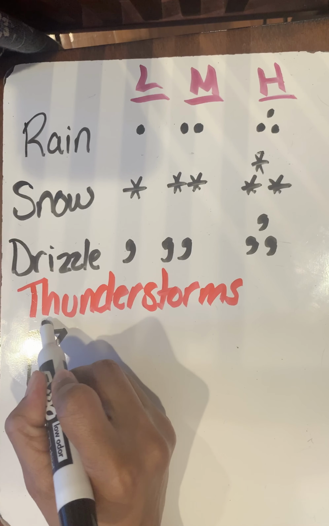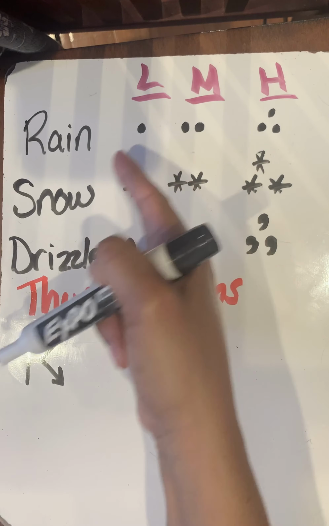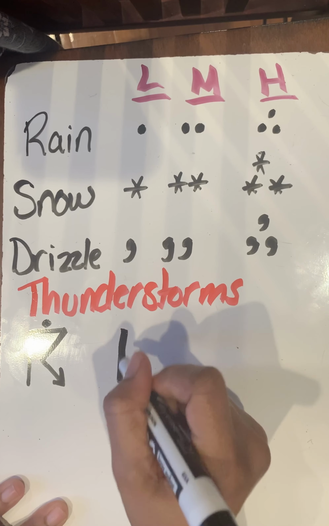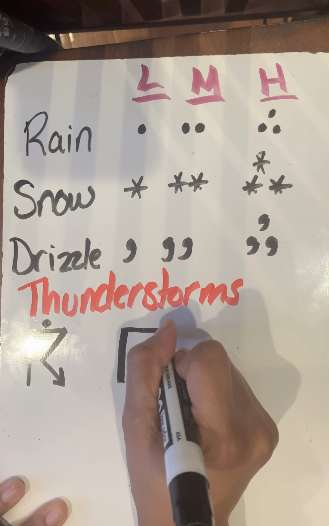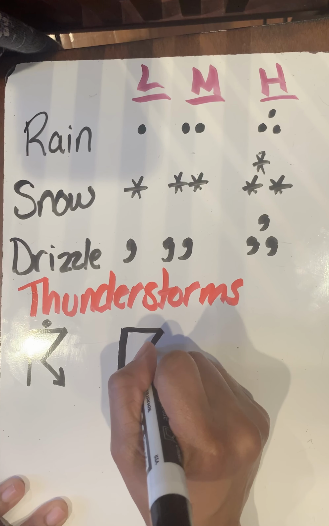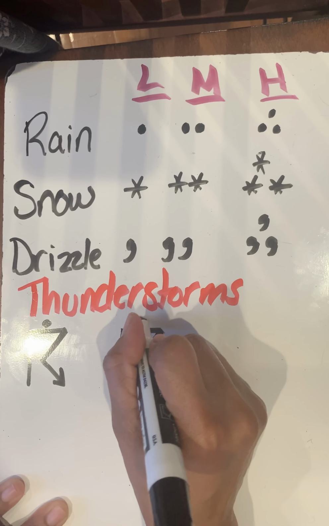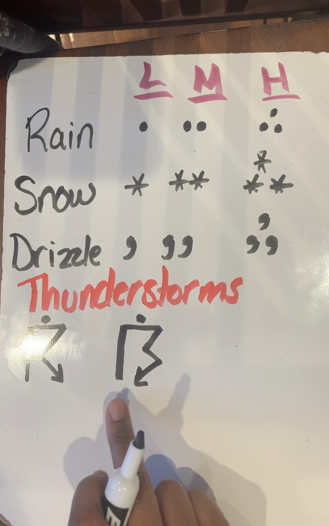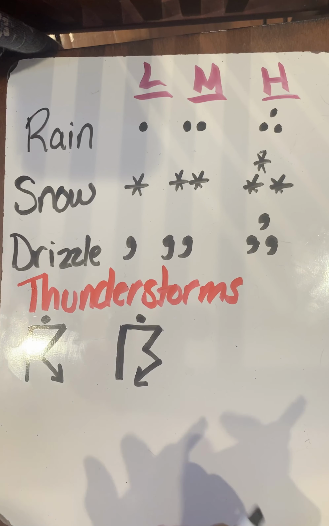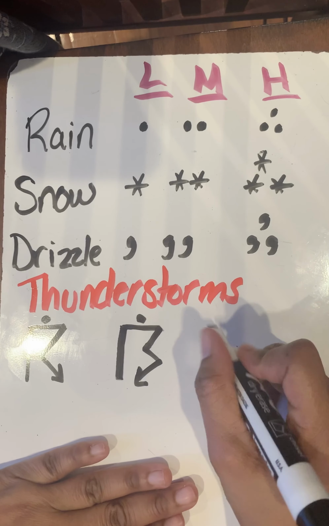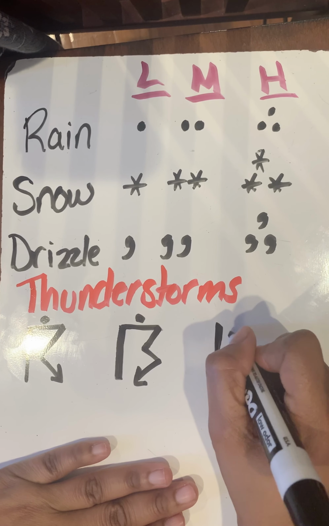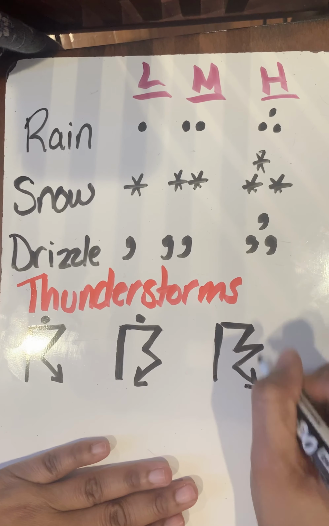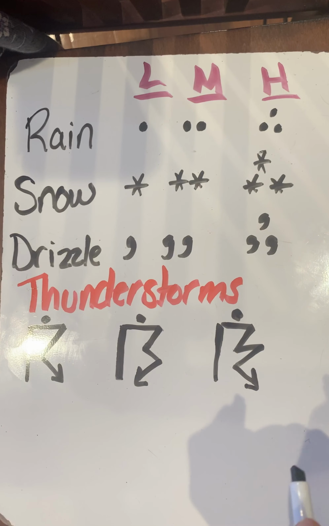So this would be rain. If I had this, that's light rain. Now look at my squiggly line. That's a thunderstorm with moderate rain, or moderate thunderstorm, and a severe would look like that.